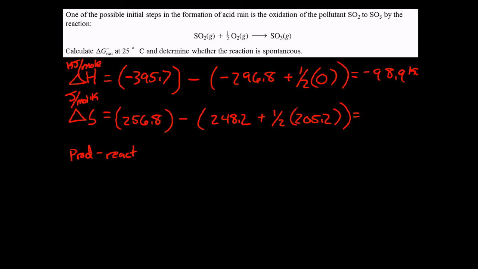So again, if we do that math, 256.8 minus, open parentheses, 248.2 plus 1/2 times 205.2. That is going to work out to negative 94 joules per K. Not per mole, per K, because the moles go away.